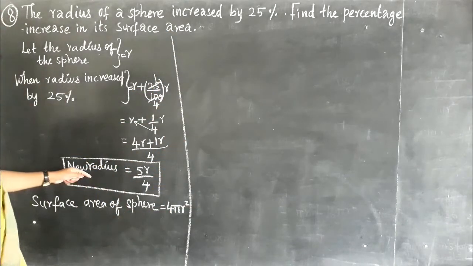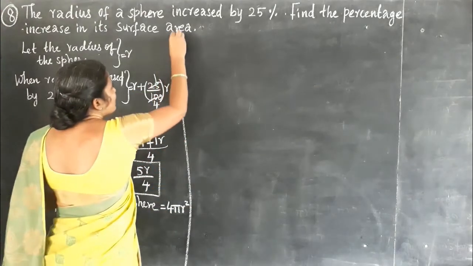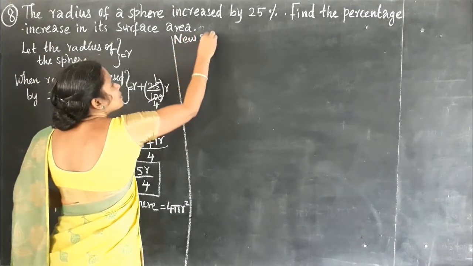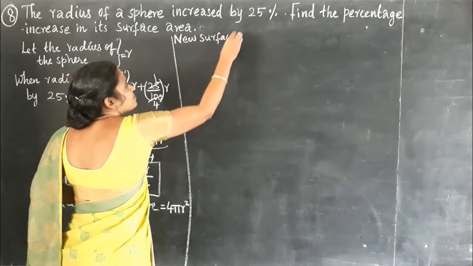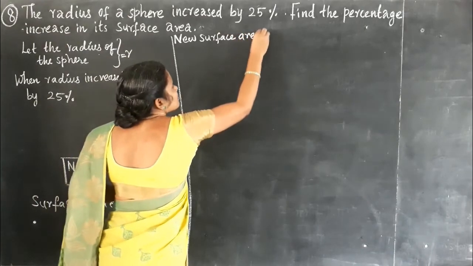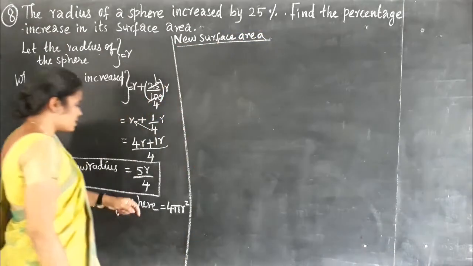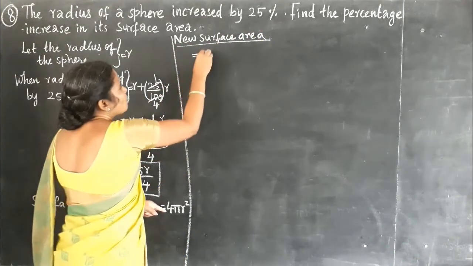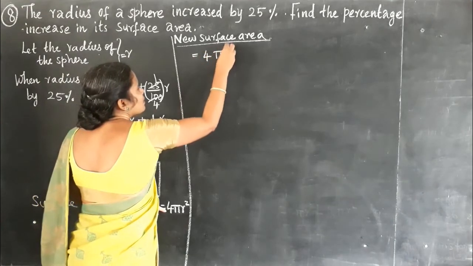When increased by 25%, the new surface area is equal to 4 pi R square.